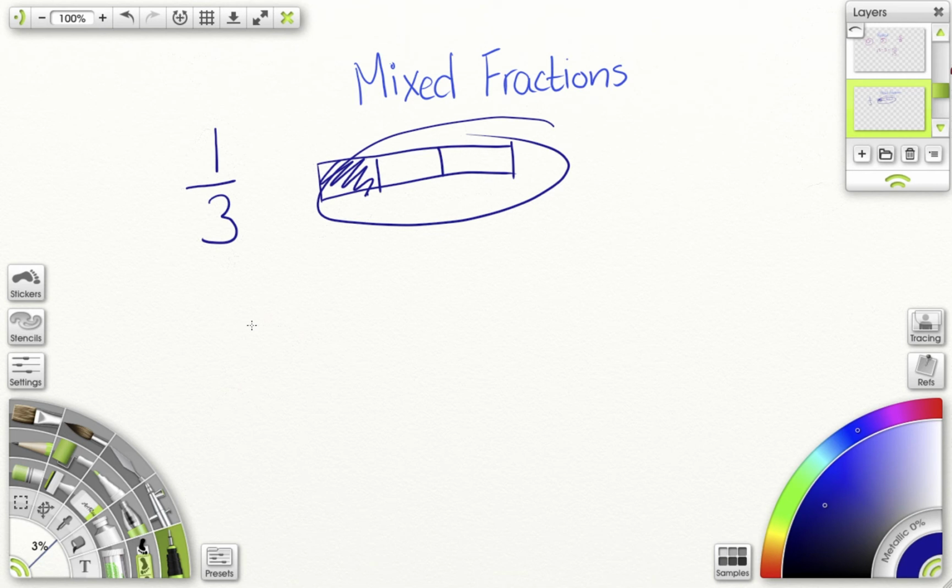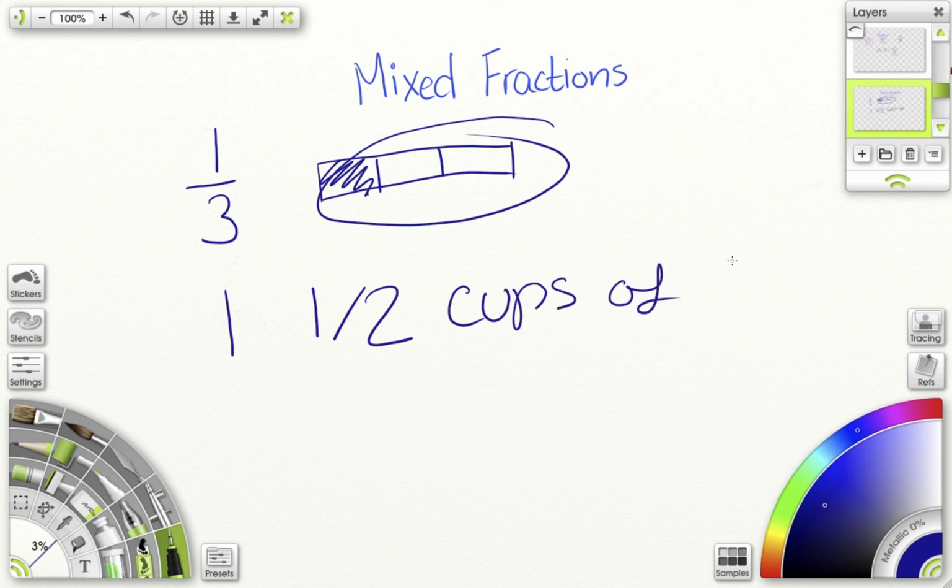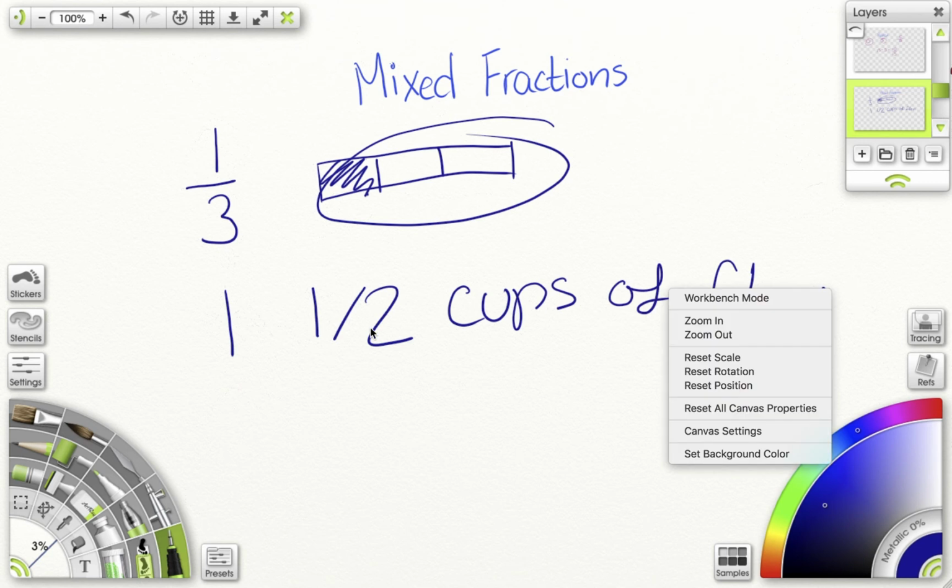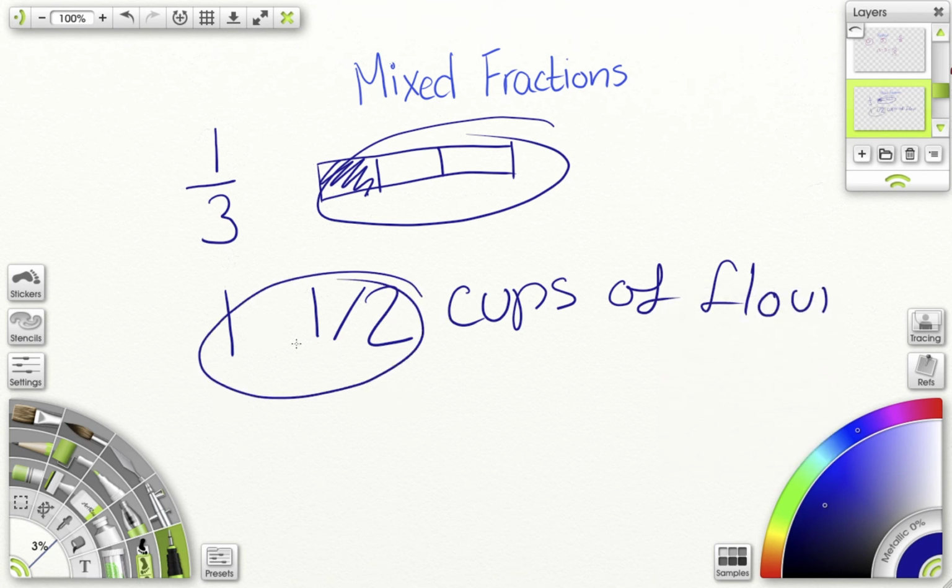But if you have something like a mixed fraction, I'm going to use the example of baking because it's the easiest way for most of you to visualize it. Let's say a recipe calls for 1.5 cups of flour. If you were to look at a recipe page, it usually looks like this: 1 and 1/2 cups of flour. Another way you can represent 1.5 cups is with a giant 1 and a 1/2, with the top number over the bottom number.